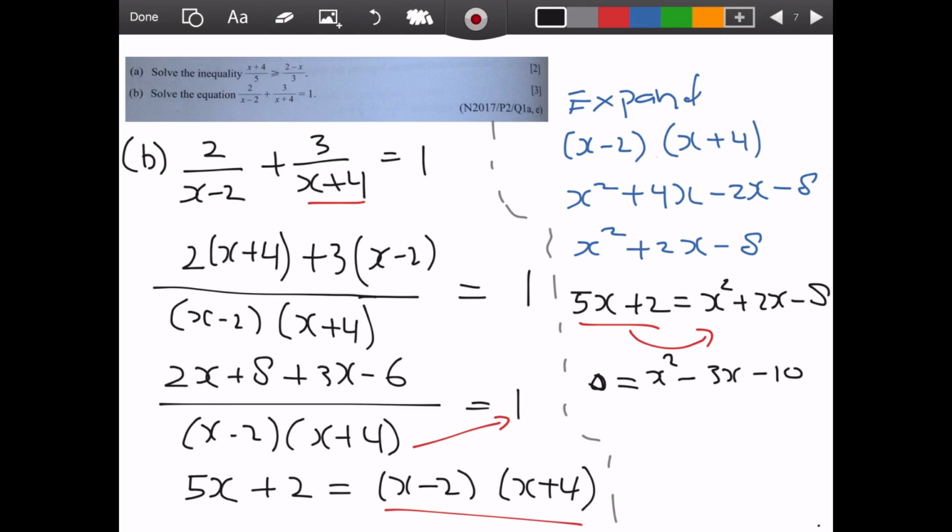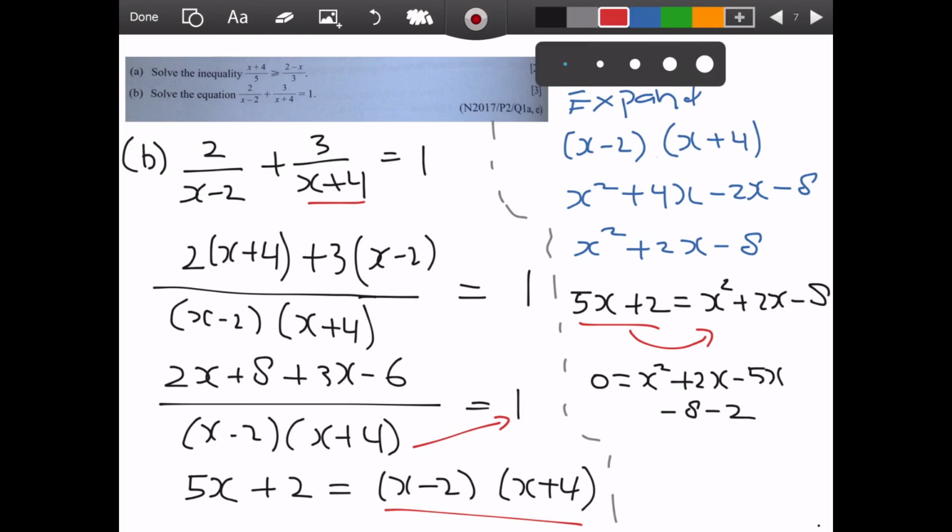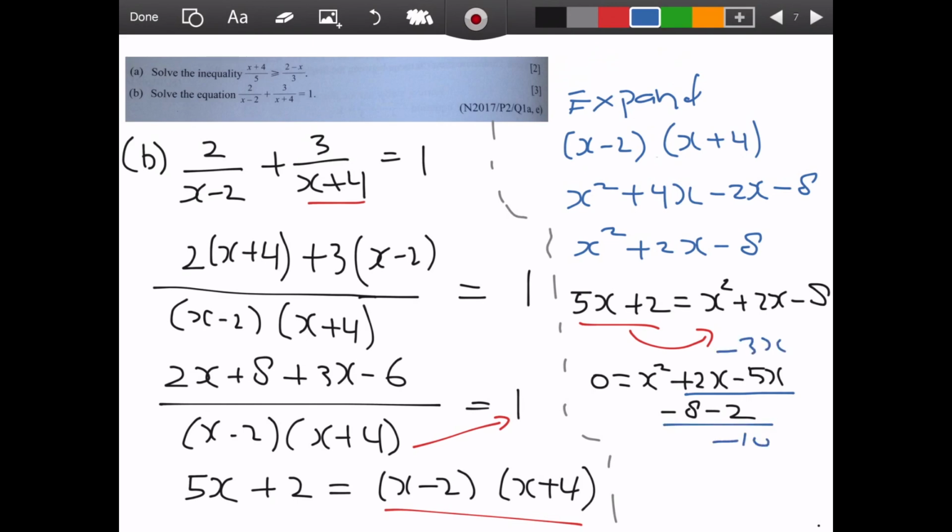Let me expand it one by one so that it will be easier for you to see. 0 equal to x squared plus 2x minus 5x, then we have minus 8 minus 2. Because remember, if you want to bring it over, the sign always changes. So plus 2x minus 5x is minus 3x, and minus 8 minus 2 becomes minus 10.